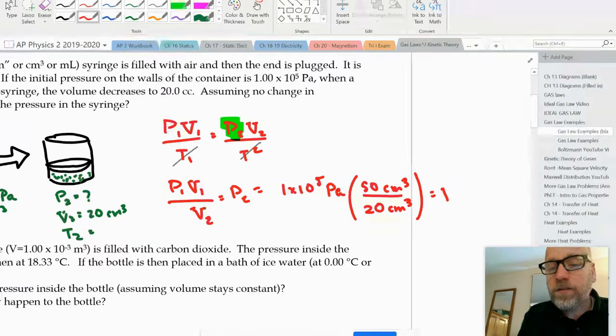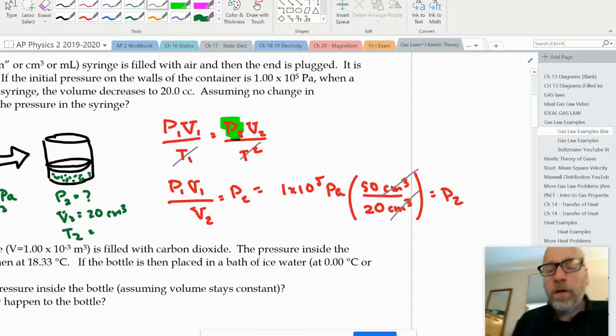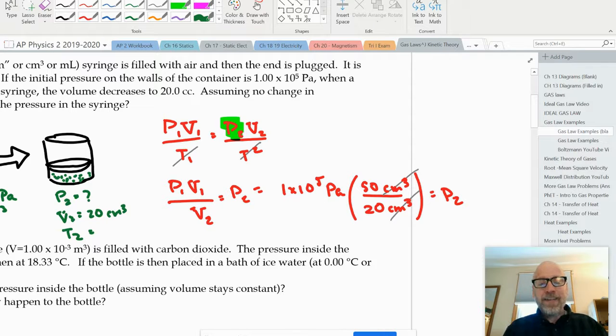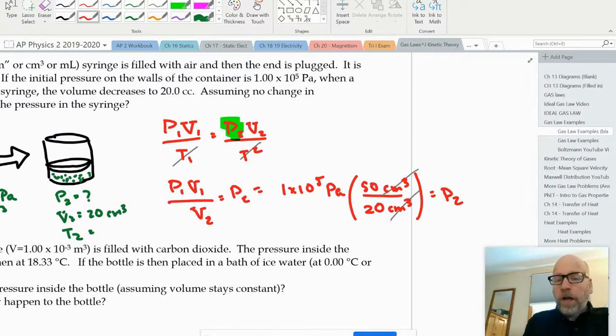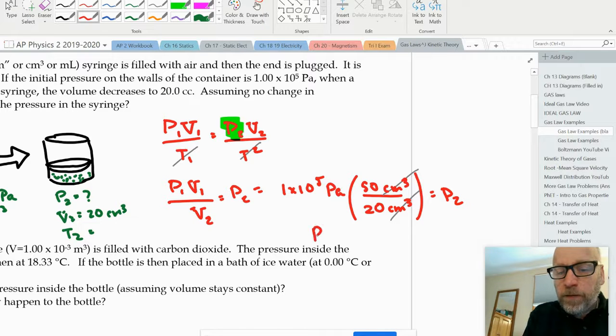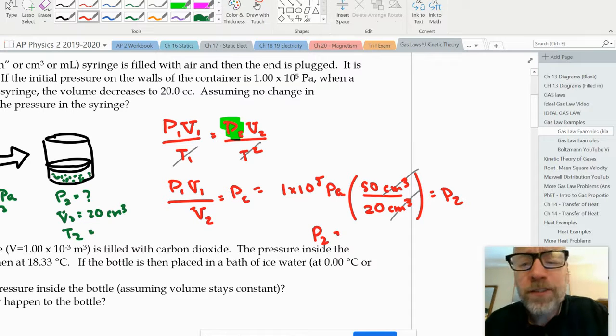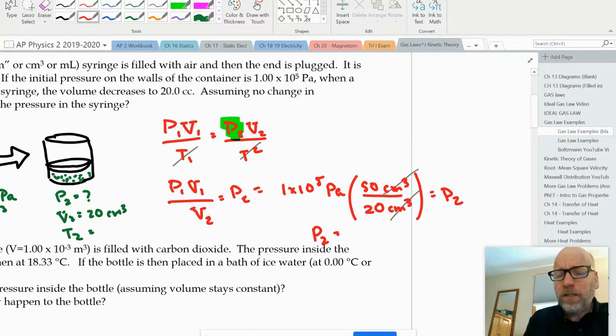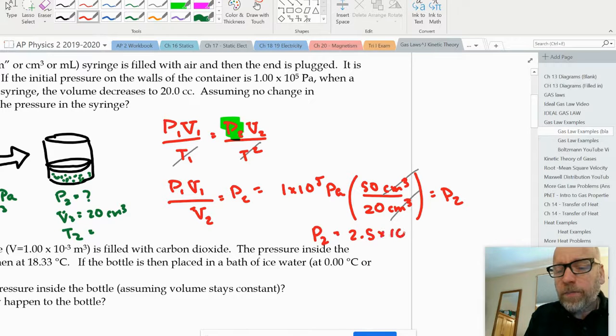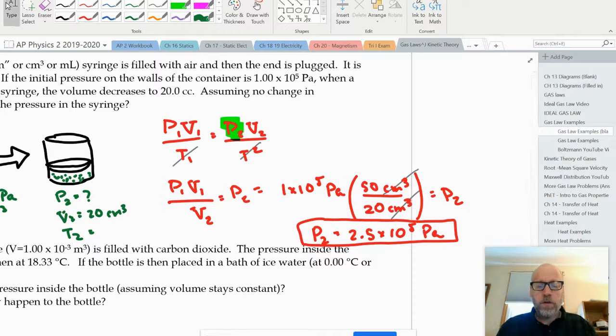In this case, because the units are the same, they cancel out, and I didn't need to do a conversion. That's good. So I get, for pressure 2, I get my calculator out. No, just kidding. Don't get your calculator out. That's too easy. I believe the answer is going to be 2.5 times 10 to the 5th pascals. Good. All right. That was easy.